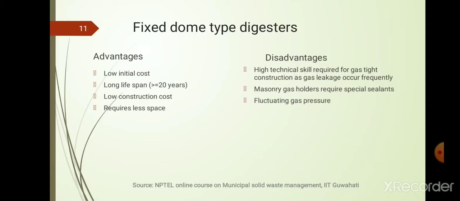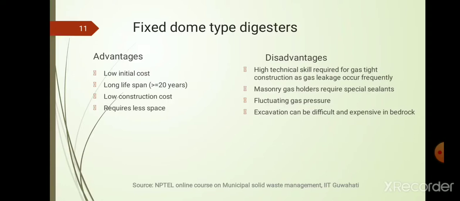Another important thing is that we have fluctuating gas pressure. The gas pressure is not constant here, since it is not a flexible dome. The dome is stationary, and the pressure exerted by the gas will always vary. So the outlet gas we get will have a varying pressure. And as we already know, excavation can be difficult in rock or bedrock.